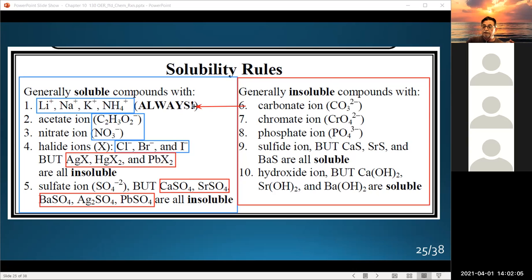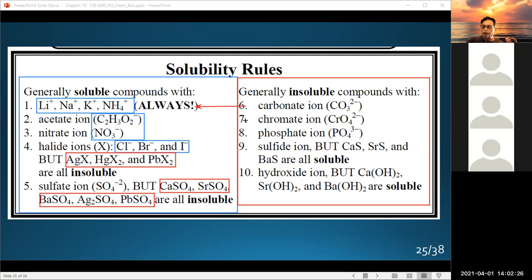So lithium, potassium, sodium, or ammonium carbonate are soluble all the time. Those are only 4 examples. Everything else, insoluble. Copper carbonate, insoluble. Magnesium carbonate, insoluble, etc., etc.